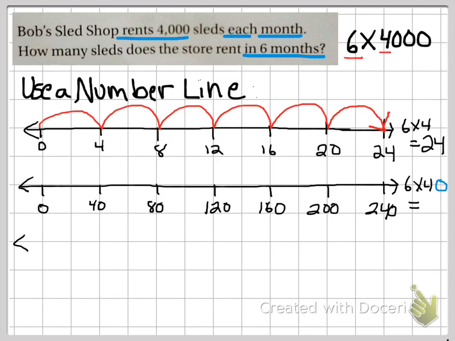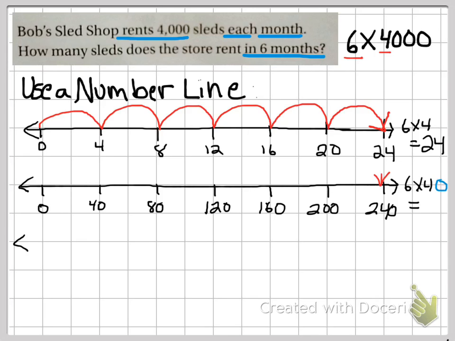We can do the same on a number line going up by intervals of 40 instead of 4. 6 times 40 would bring us to 240.